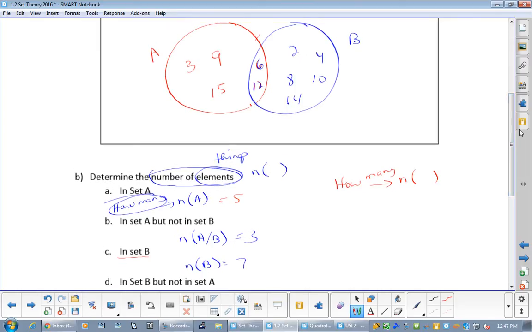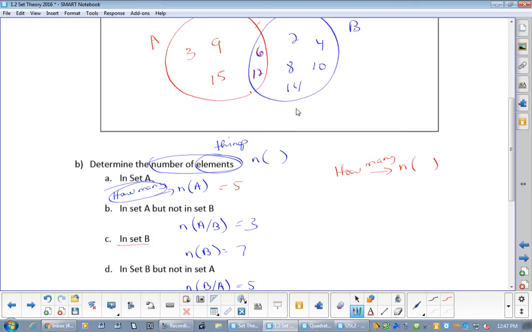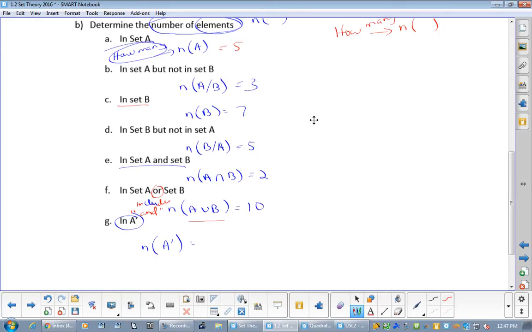How about these? Am I allowed to count these? No. Because if it's not in A, that's in A. So it has to be 1, 2, 3, 4, 5. You wouldn't have noticed the complement?